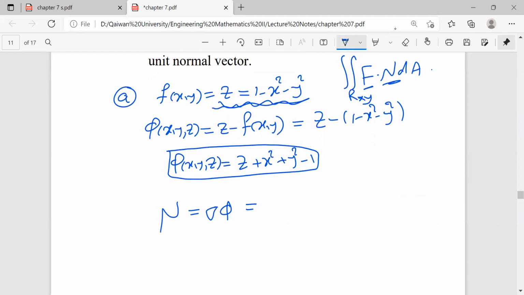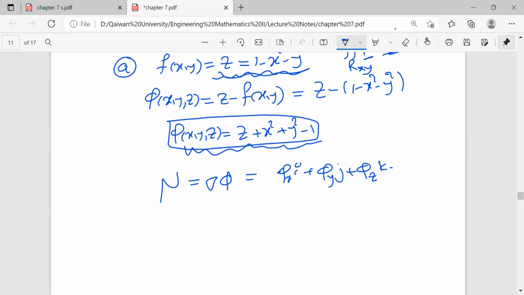This equals phi sub x times i plus phi sub y times j plus phi sub z times k. This is the normal vector. So this is phi of x, y, z. We find the partial derivatives of this function with respect to x, y, and z, multiply them by i, j, k, and then find the sum of them.